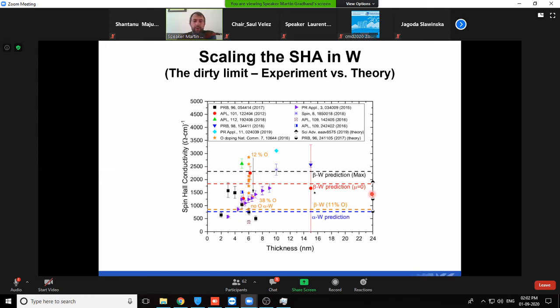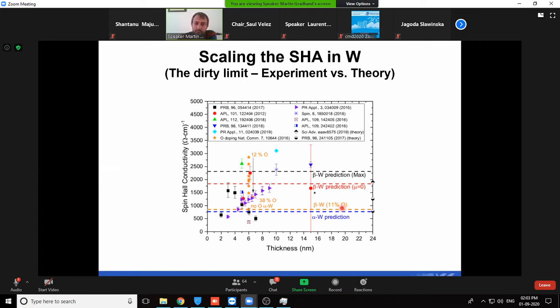So if we put that all together, you can see here all the dots and crosses and triangles. There are various experiments. You see here on the y-axis the spin Hall conductivity as a function of thickness for beta tungsten and alpha tungsten. So you can get a large variety of conductivities. And for the highest ones, which are presumably beta tungsten stabilized with oxygen, this compares reasonably well to our calculations.